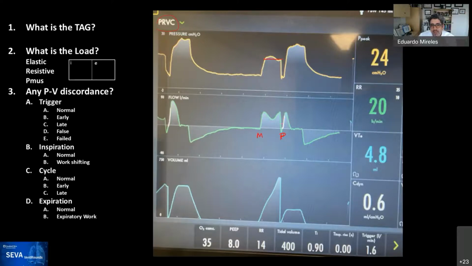Even though the patient is doing effort, the machine now delivers a larger amount of pressure. This is much more evident here, but you can see the same thing on the prior breath, where the pressure delivered was at the same level. It goes up because now the patient is doing effort to exhale.